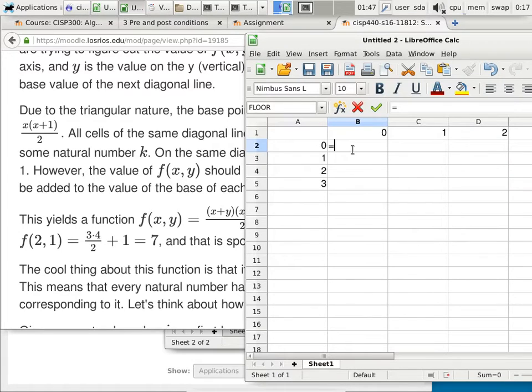So this will become, open paren, this number plus this number, times, oops, need to specify the times here. In parentheses, this number times this number plus 1. Oh, those are pluses, not times. Okay, go back here. There we go. The whole thing divided by 2 plus y, which is just this one.